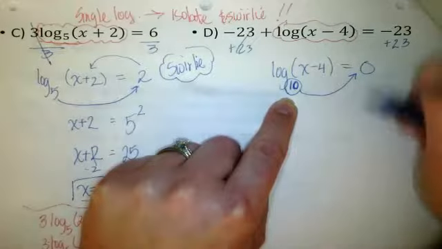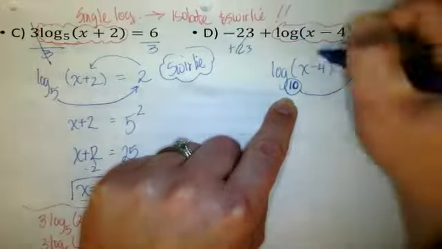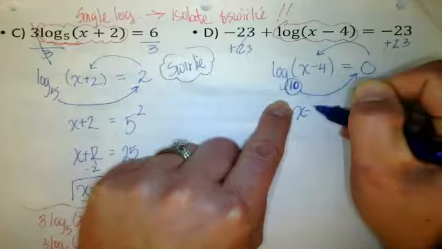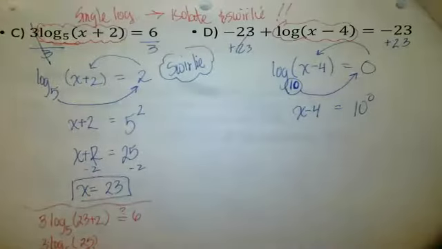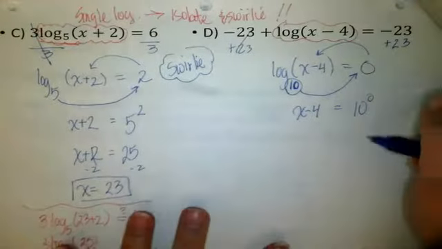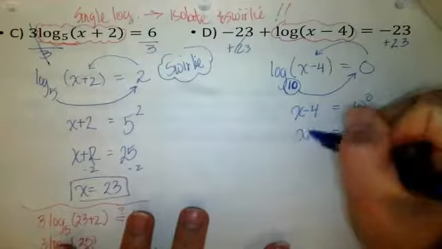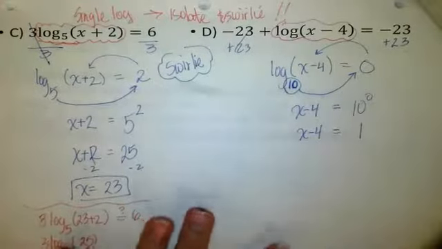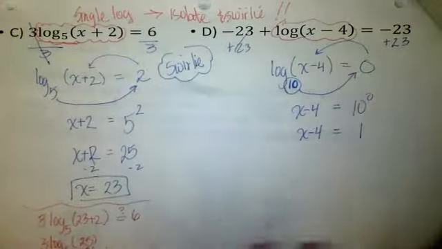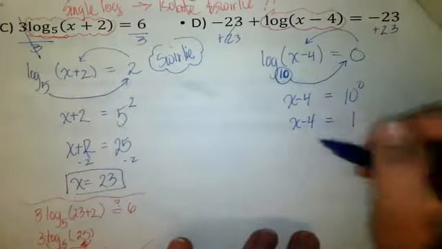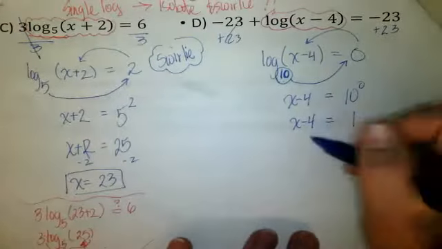So we're going to give it a swirly. So 10 to the 0 power equals my argument. What is 10 to the 0? 1. So we have x minus 4 equals 1, and then we need to do what? Add 4. So we get x equals 5.